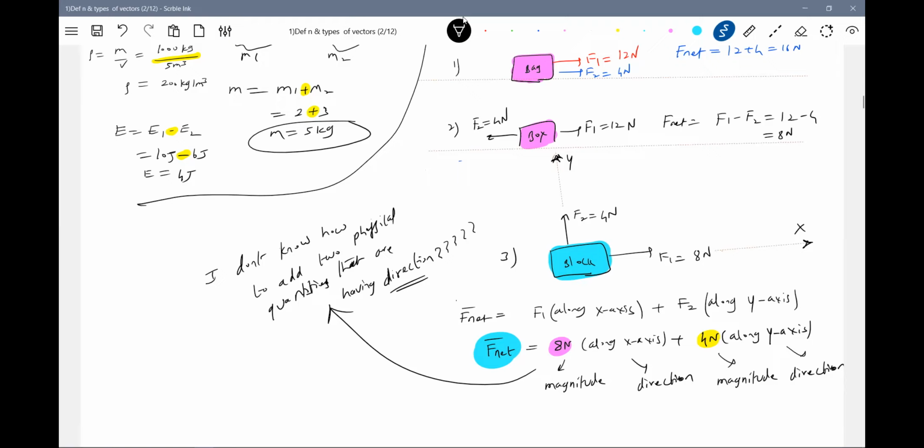So what are the rules of vector algebra? A new math is what we are going to learn. That particular mathematics is what we are going to call vector algebra. In vector algebra, we are going to learn the addition of vectors, subtraction of vectors, multiplication, splitting of vectors. So all that is what we are going to learn here. Can you say, sir, anything about the net force?